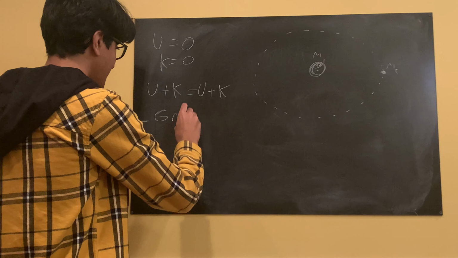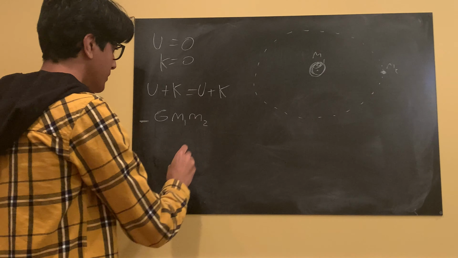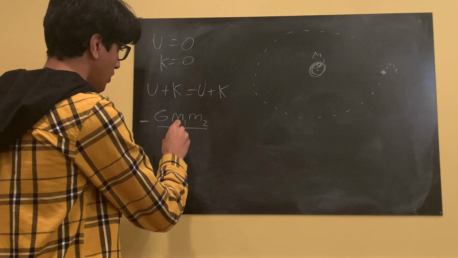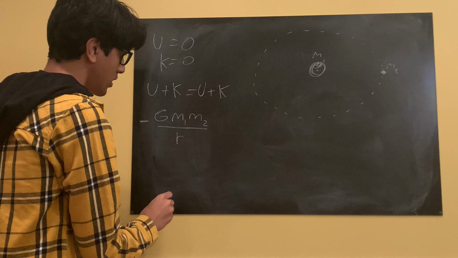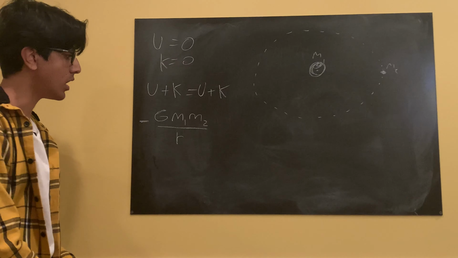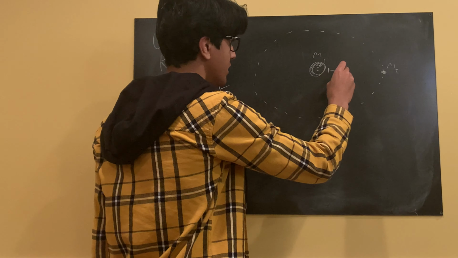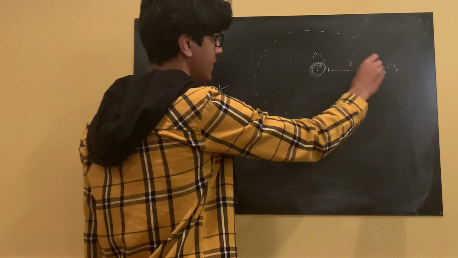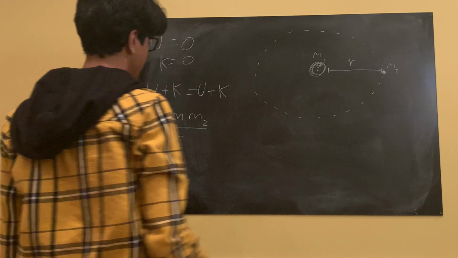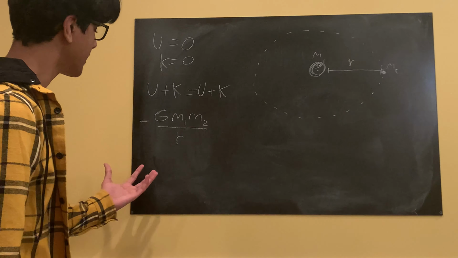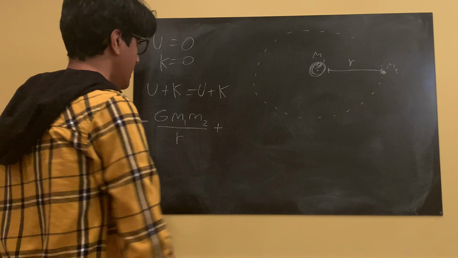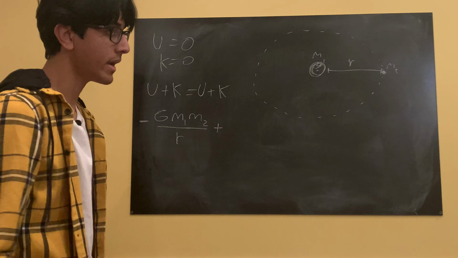So G M1 M2 over r, which is our radius from here to here at this point. That's an r, it might look like a v. And we add our kinetic energy, which is 1/2 mv squared.